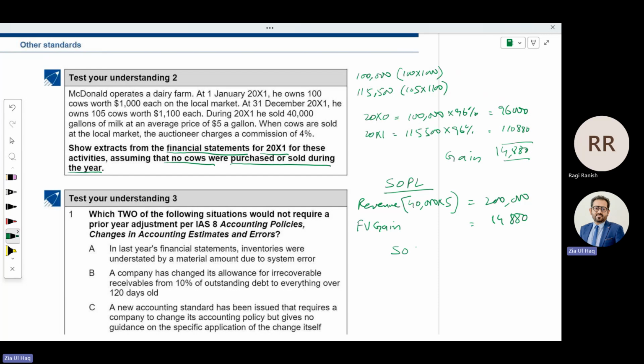While in the statement of financial position, we will record what? Biological asset, our agriculture asset, how much? 110,880.